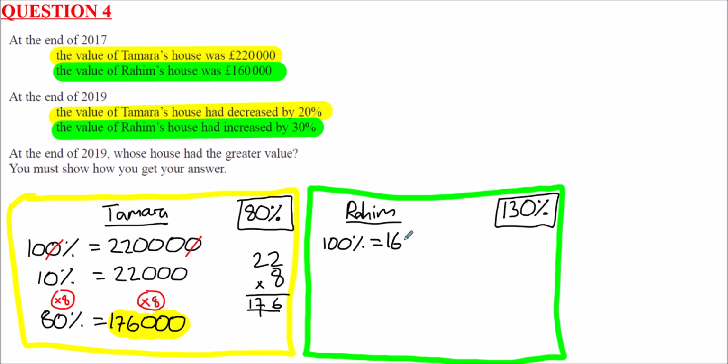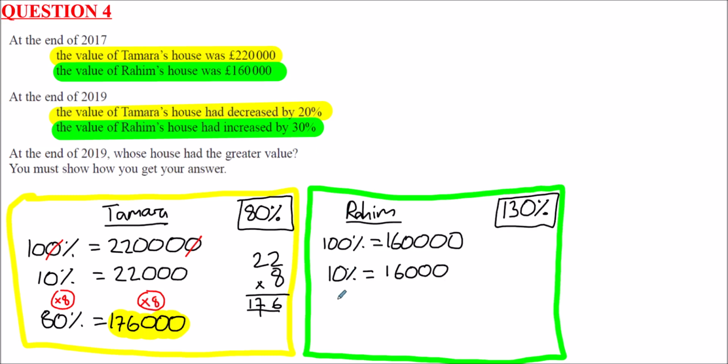That's the original value. So what we could do here, oops, almost forgot the end 0, is work out what 30% would be, where we can add it on to the initial 160,000. Well, 10% we can find in the same way as we did before, just divide both sides by 10. 10% would be £16,000.